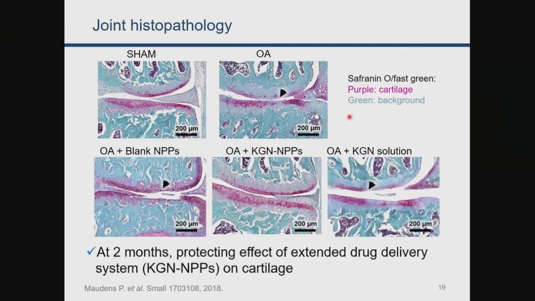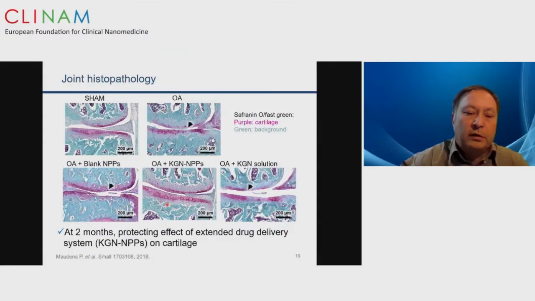Now, for the conditions of the treatment, the blank particle did not impede the cartilage degradation. The Cartogenin solution at the same concentration did not allow us either to improve this picture. Only the Cartogenin nanocrystal polymer particles could preserve the cartilage smoothness at 2 months.